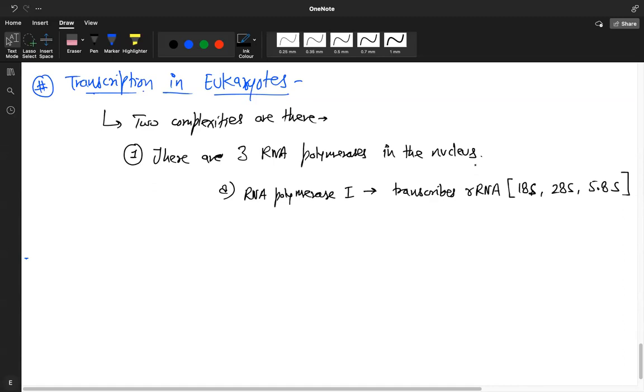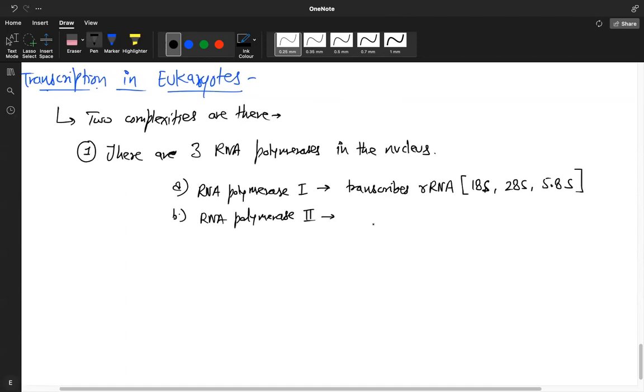Okay, very good. The second RNA polymerase which is present in the nucleus of a eukaryote is RNA Pol 2. And this one transcribes a precursor of mRNA.